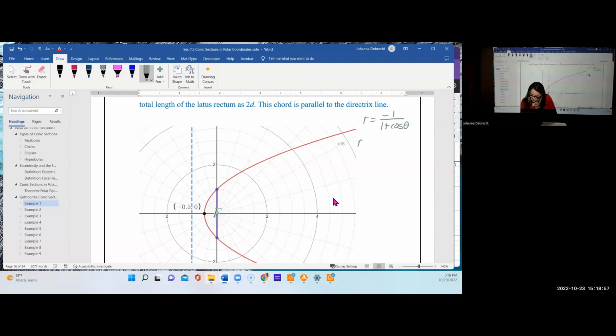So we're going to compute r of 4 pi over 3, which gives me -1 over 1 plus the cosine of 4 pi over 3. Now, the cosine of 4 pi over 3 is going to give me -1/2, right? Because I'm in quadrant 3. So this is going to give me -1 over 1 minus 1/2, which is -1 over 1/2, which is -2.